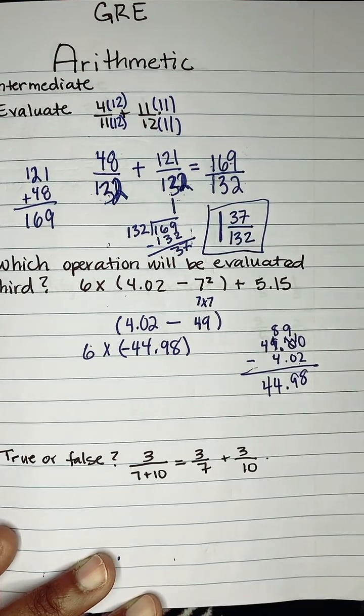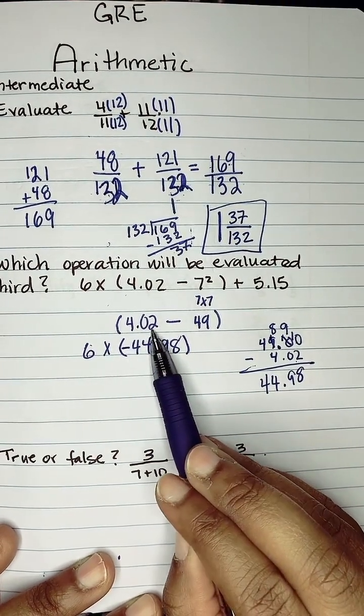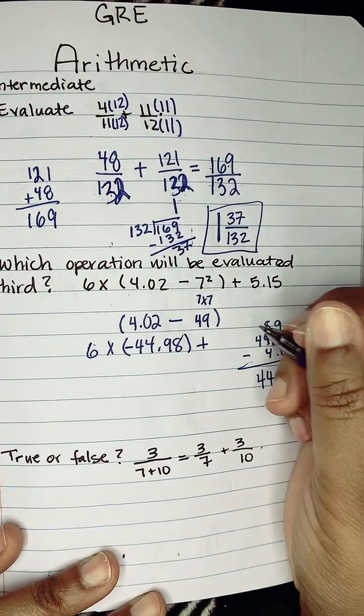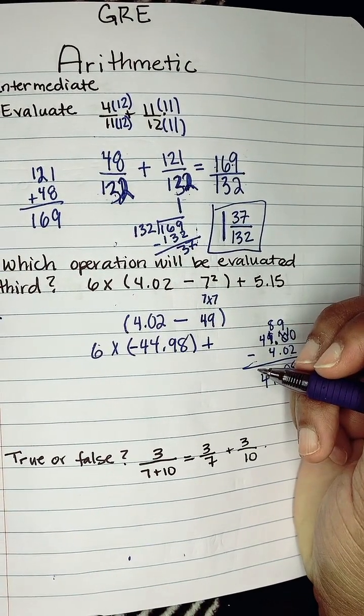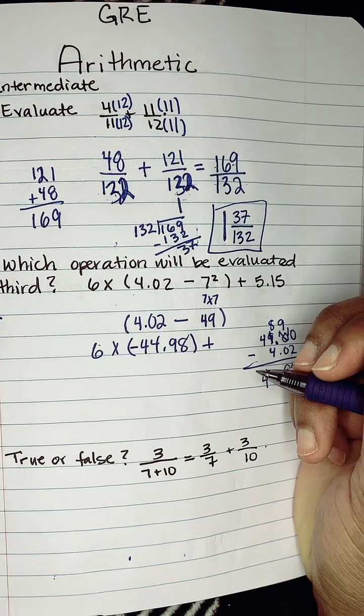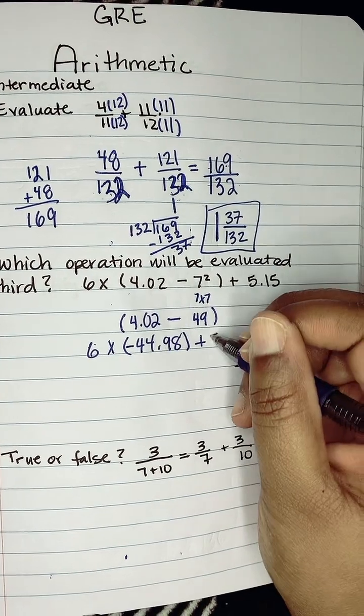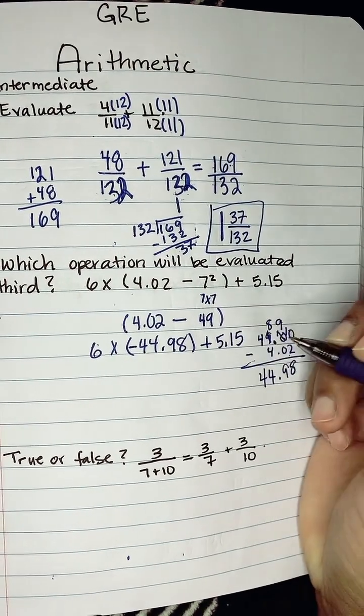Okay, don't forget that negative because it's $4.02 minus $49. So then we would have plus 5.15.